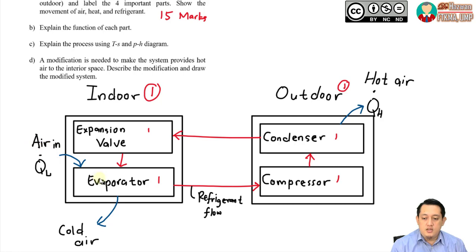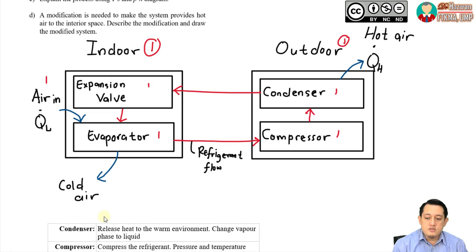Air in is 1 mark, and cold air is another 1 mark. Then the heat QL will be absorbed by this evaporator. The movement of heat, QL, is also another 1 mark.